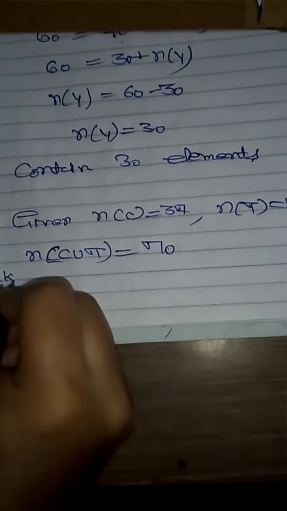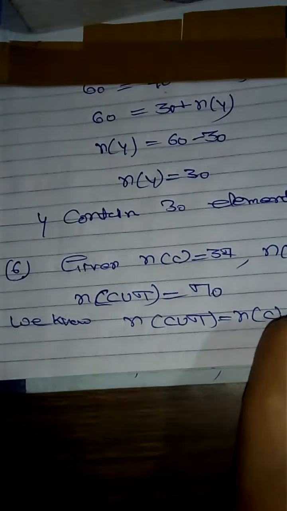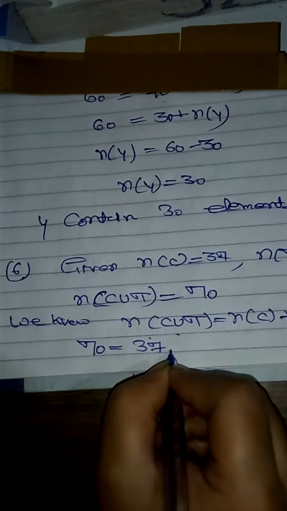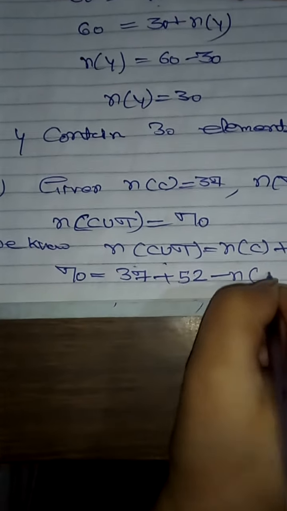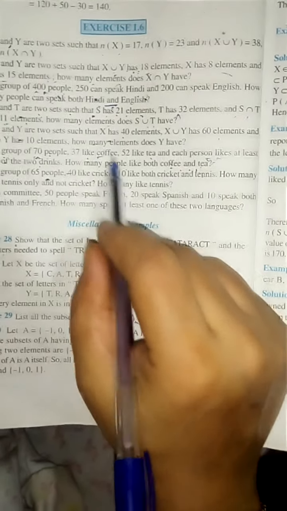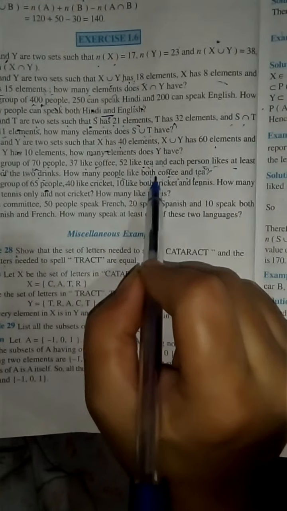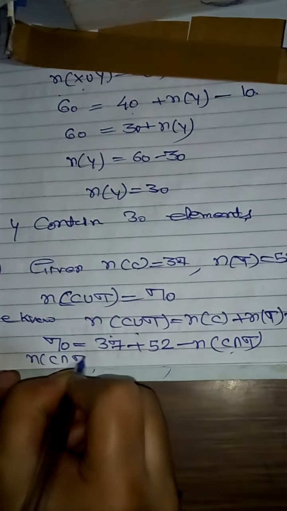According to the formula, we know n of C union T is equal to n of C plus n of T minus n of C intersection T. Now n of C union T is 70, n of C is 37, n of T is 52, and n of C intersection T as it is, because we have to find how many people like both coffee and tea. So we have to find C intersection T.